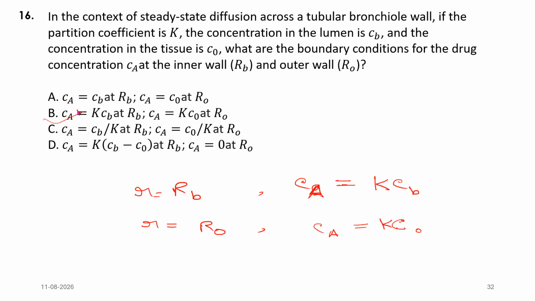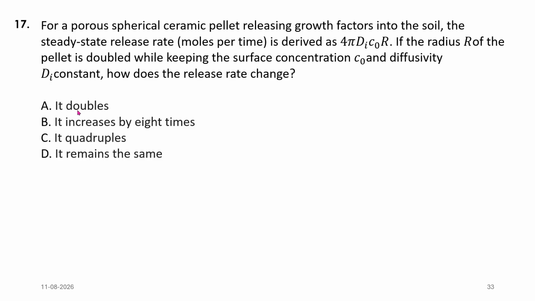Next, for a porous spherical ceramic pellet releasing growth factors into the soil, the steady state release rate in moles per time is derived as 4 pi Di C0 R. If the radius R of the pellet is doubled while keeping the surface concentration C0 and diffusivity Di constant, how does the release rate change? The release rate is proportional to R, the radius, as you can see from this.